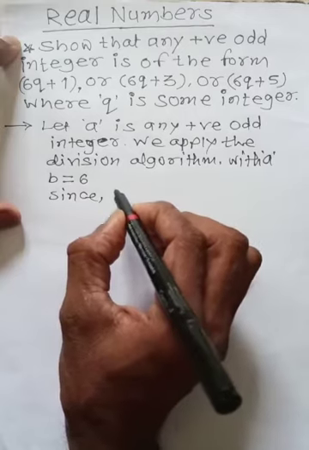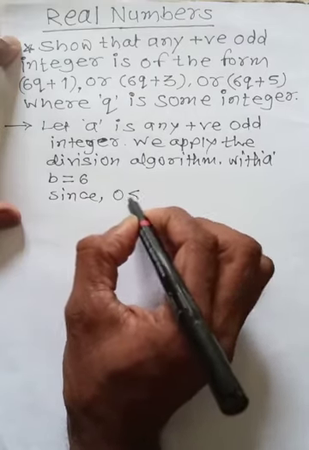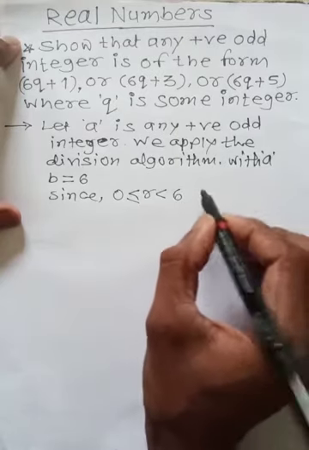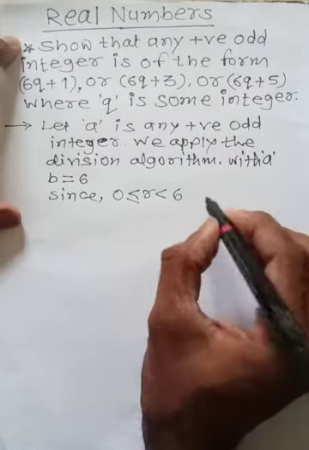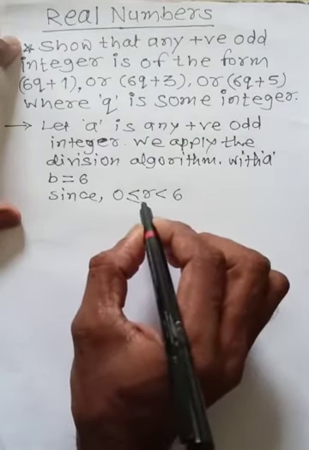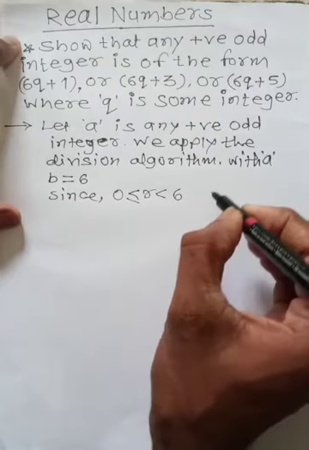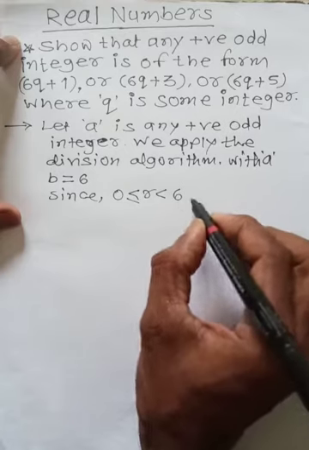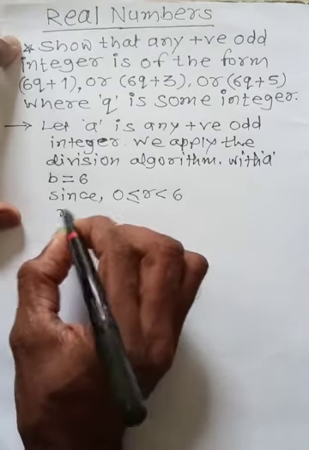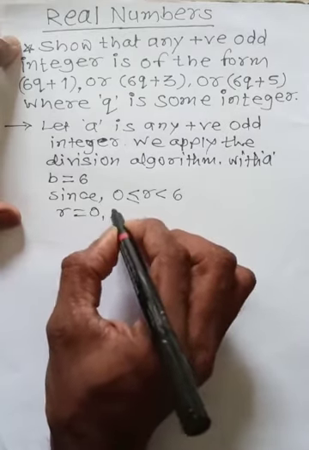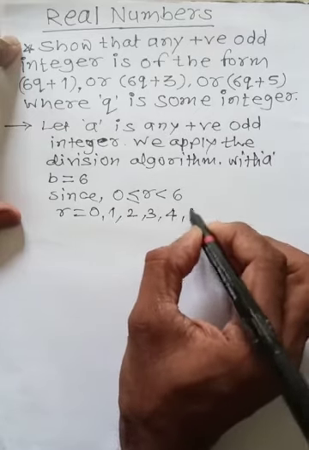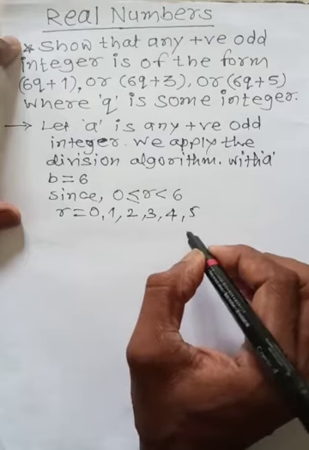Now from this we say that since 0 is less than or equal to the remainder, and the remainder is less than 6, the possible remainders are 0, 1, 2, 3, 4 and 5. These are remainders.